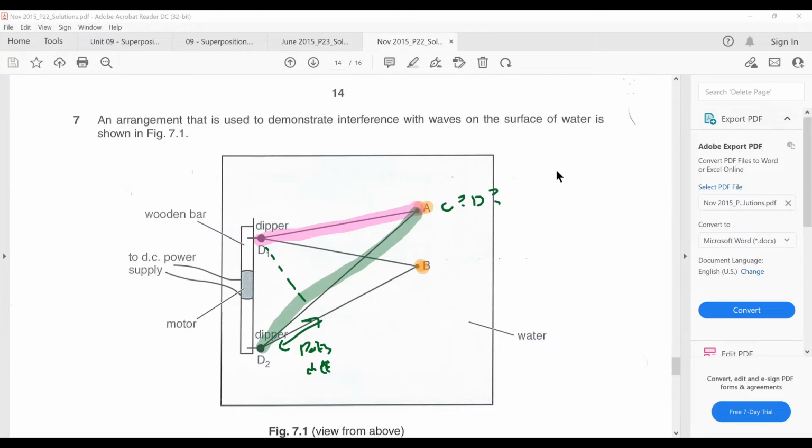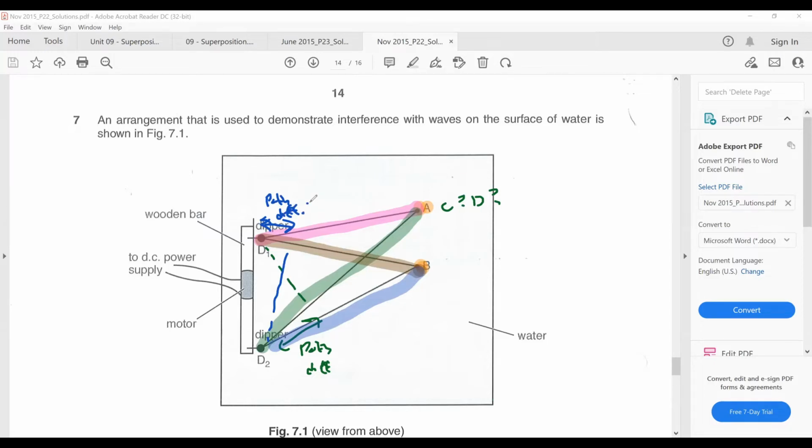Let me just see what line I can use. For point B, D1 will travel this much. D2 will travel this much. Again, there is a path difference in the distance that they travel. This is again your path difference.